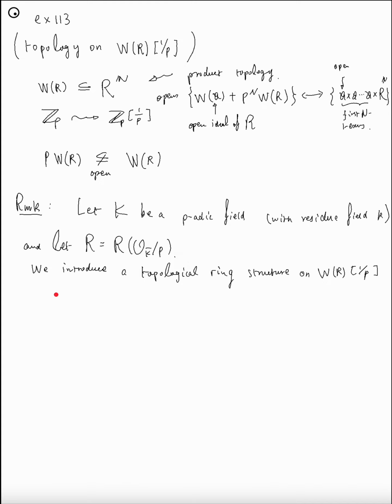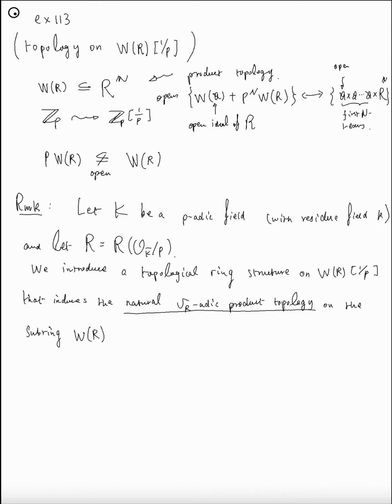Okay, so we're going to describe a topological ring structure on WR invert P that induces the natural p-adic product topology on the subring. It should coincide with this product topology we described.